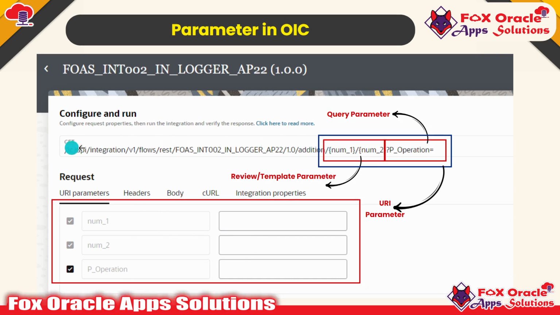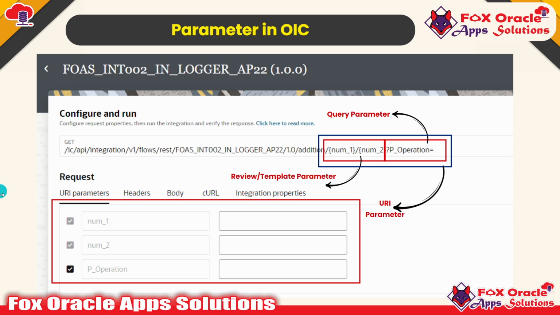So this is the URL of the integration. Actually, this is not the URL, this is the URI of the integration. That's the identifier. Whenever we add parameters in our app-driven integration, those parameters are added in the URI, and based on that URI, it will generate the URL at runtime.